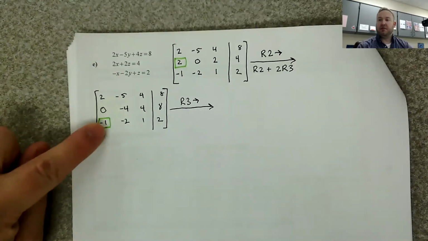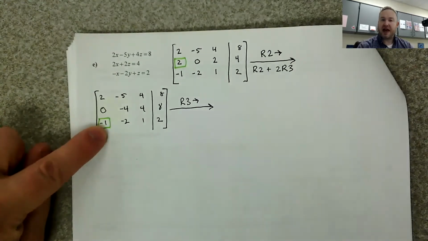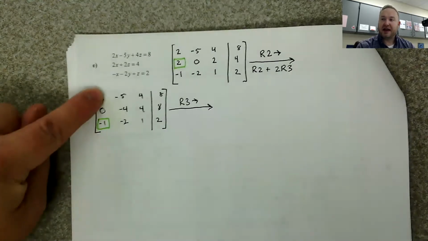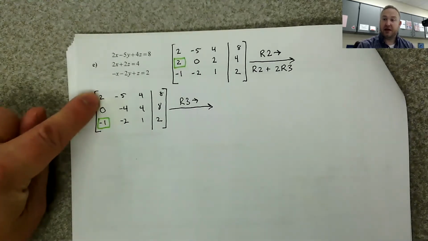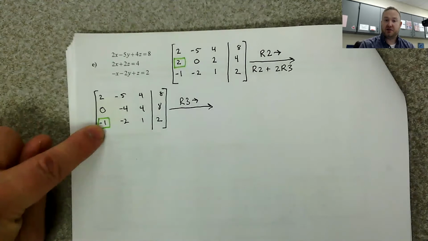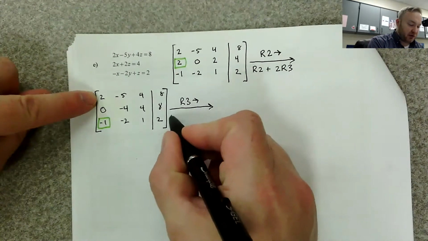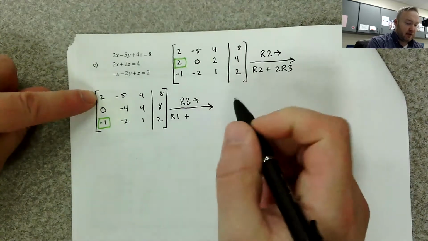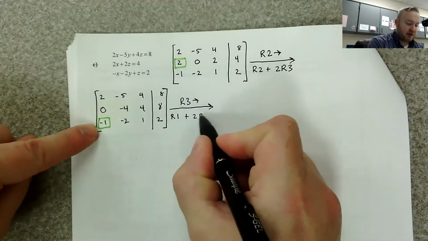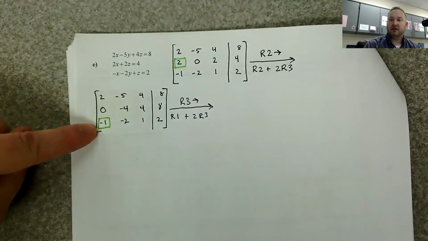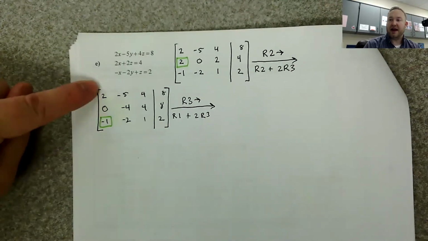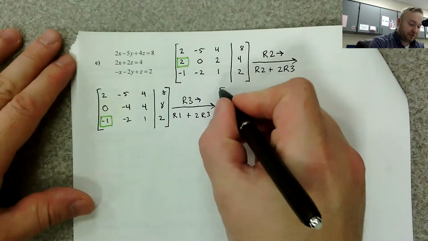What if I doubled this number, made that a -2, and then added it to the top number? See how that 2 and this -2 would cause me to have a 0. So let's take the number in the first row, and we'll add to that, and we'll double the number in row 3. Okay, we'll double this number and add it to row 1.